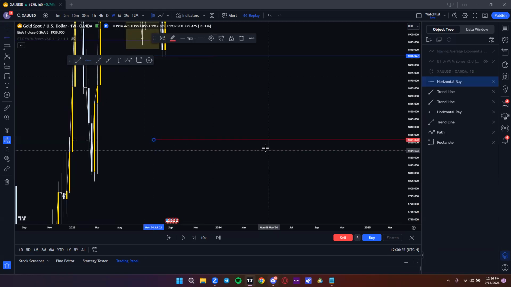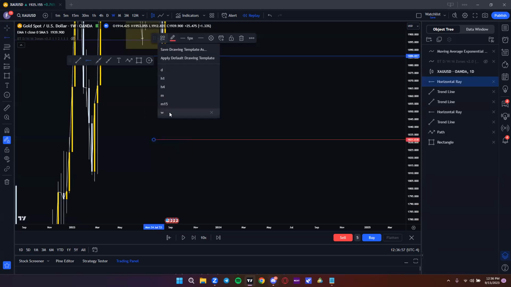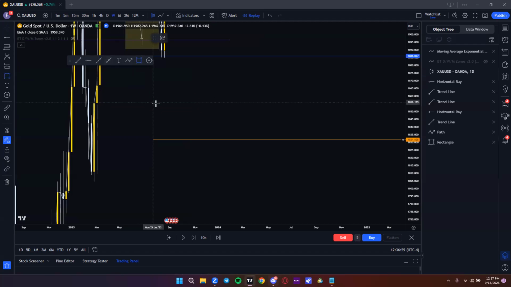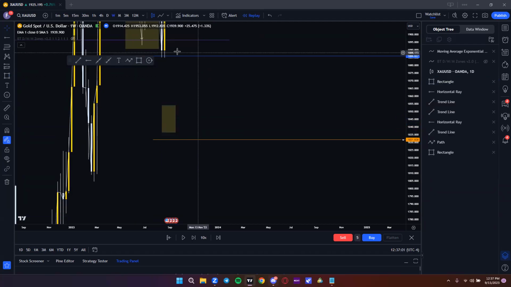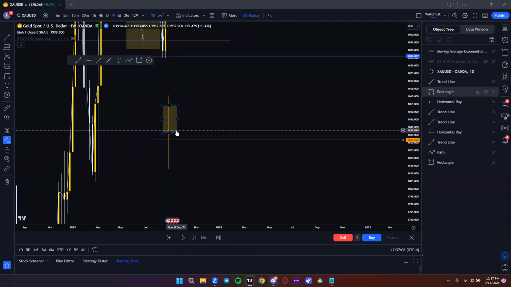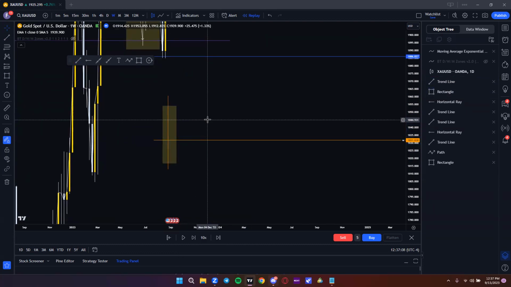Also, let's shift to a weekly point of view. If this is a weekly and you have a daily like this, you have to let price settle itself with the closure. The closing price is what tells you whether or not the level is being broken out.